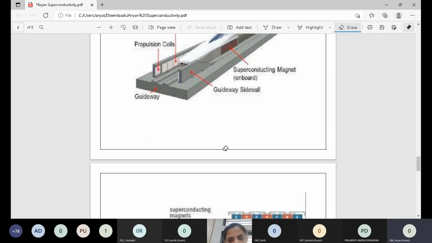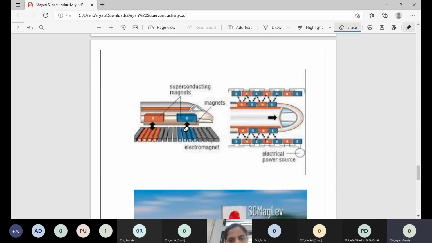Friends, for that I have given this one picture. It can explain more deliberately. Inside the train that is used, there are two magnets, N and S. Inside the track also there are two magnets, N and S. Even though they are superconductors, they are not plain magnets but superconducting magnets.